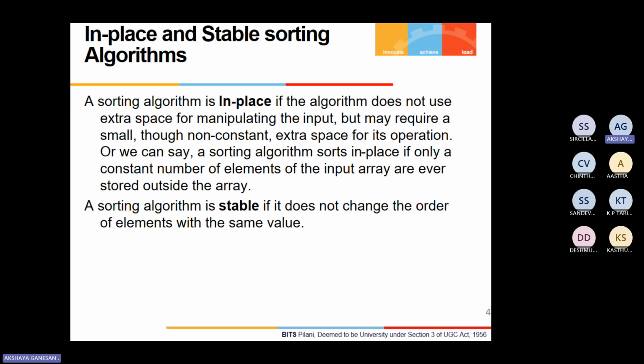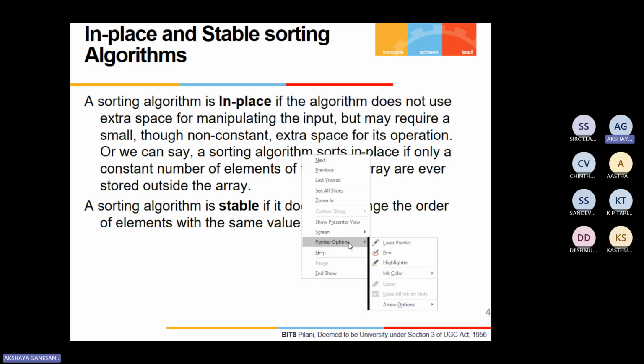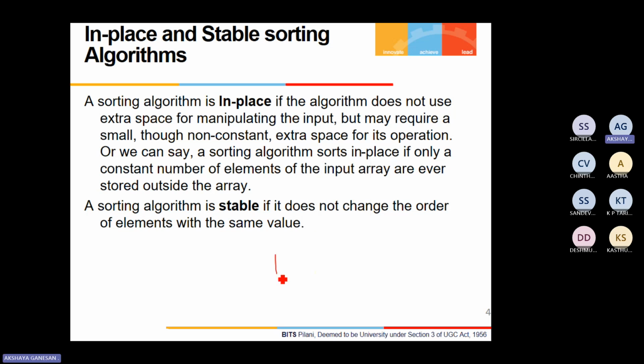We categorize a sorting algorithm based on how much extra space it requires, or whether it does it internally in its existing place itself. So basically, what is sorting? We have a set of numbers. Say this is an array.